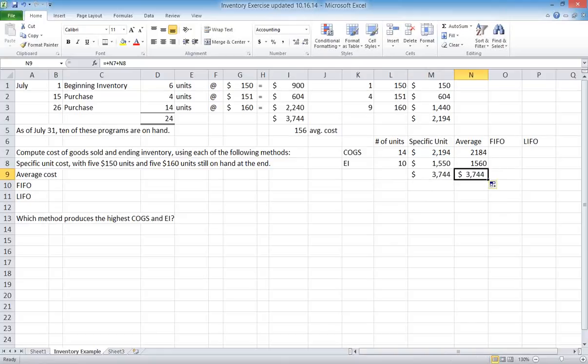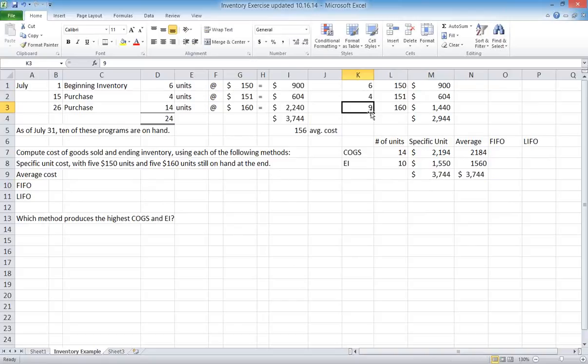FIFO, with the FIFO, the first ones I bought are the first ones I sold, right? I would have sold 14. Which 14 did I sell? I sold 6. I sold 4.